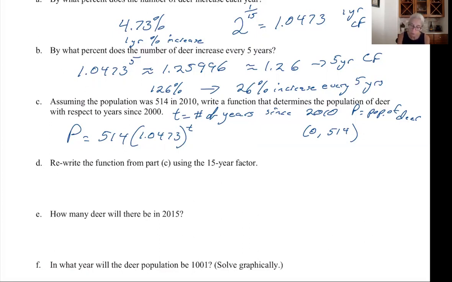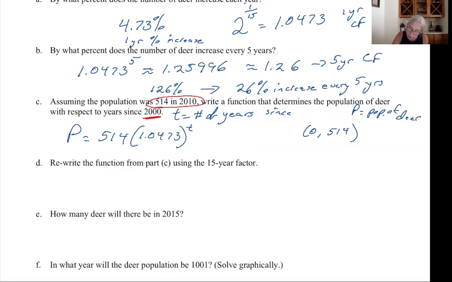So if I was looking for the year 2011, oh, what did I just do? I just made a mistake, didn't I? Because 514 was in the year 2010, but my T is supposed to be the years since 2000. You have to be very careful when you are reading the problems, but not only that, when you're defining your variables. So T is not the number of years since 2010.